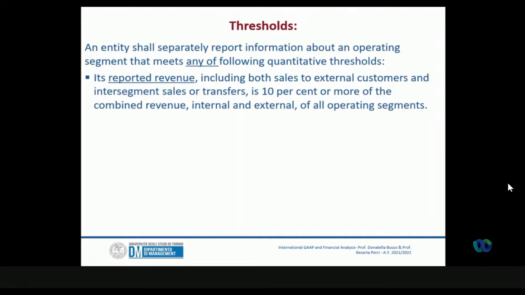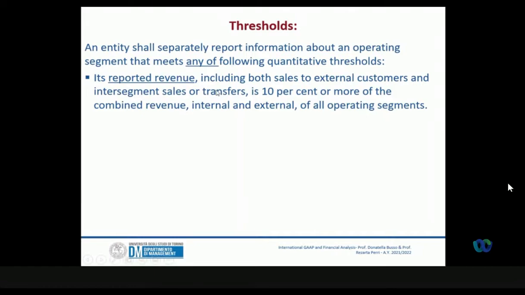This doesn't mean that this is the revenue at the entity level, because the revenue that the entity has disclosed in the income statement represents the revenue only to external customers. When I calculate the revenue from all operating segments, I include the revenue to external customers and the revenue generated by or related to intersegmental and internal transfers and transactions.